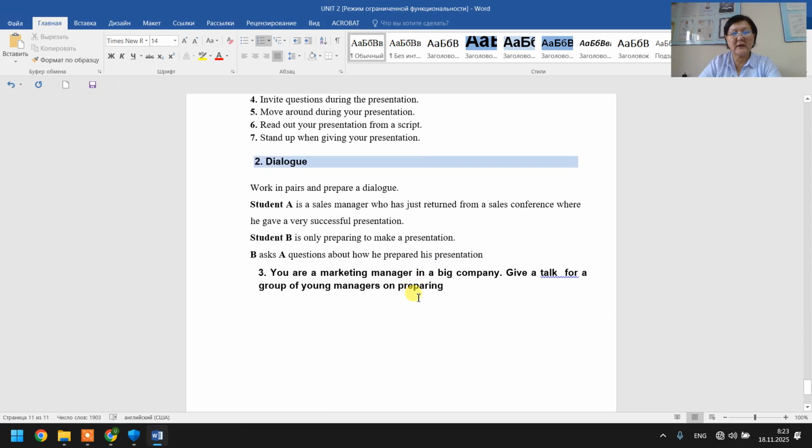Okay, and the last task which you are going to do is a dialogue. We have to work in pairs and prepare a dialogue. Student A is a sales manager who has just returned from a sales conference where he had a very successful presentation. And student B is only preparing to make a presentation. B asks A questions about how he prepared his presentation. You are a marketing manager in a big company.